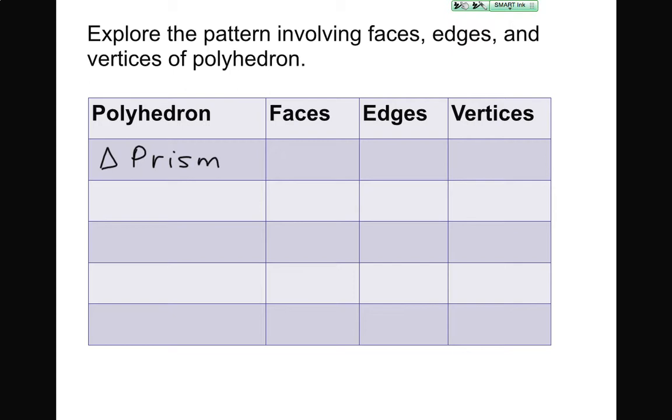5 faces. Okay. Edges. 9. Vertices. 6. All right. Kenna has a hexagonal prism. 8 faces.